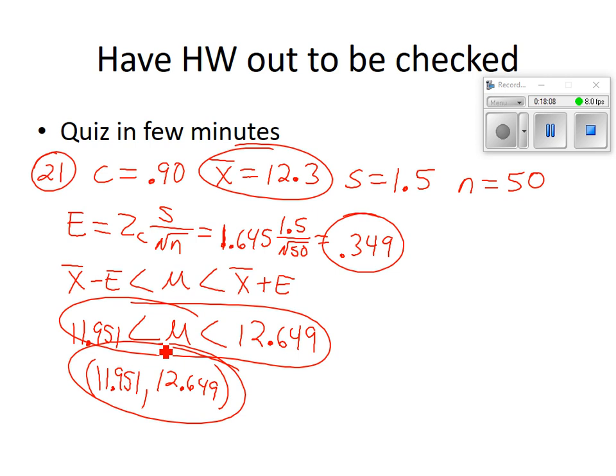Then the confidence level is 0.90. Make sure you're doing Z interval, not Z test. Okay, that's a lot better. What did it come out to be? The same exact thing we have.